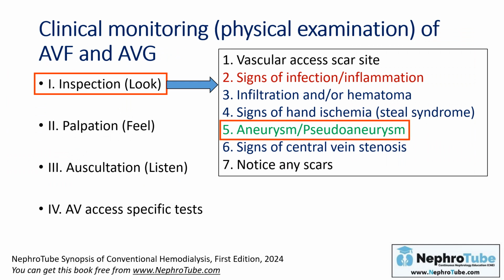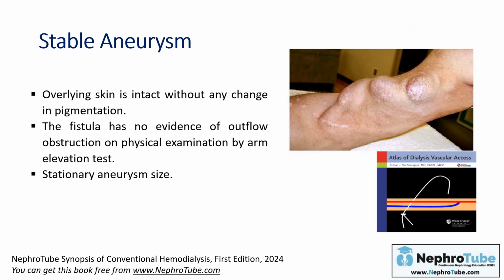Then you have to search for aneurysm and pseudoaneurysm, and again we will talk about them in the coming lecture in detail. But we have to define in our examination, is this aneurysm or pseudoaneurysm stable or not? To say that it is stable, the overlying skin must be intact without any changes in pigmentation.